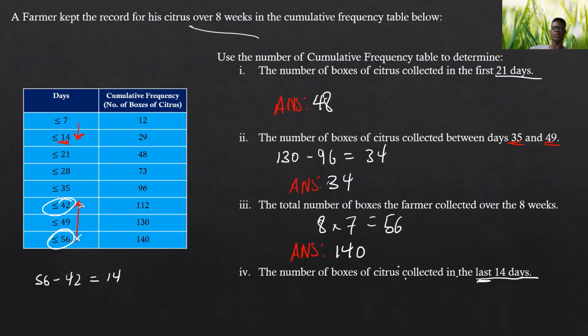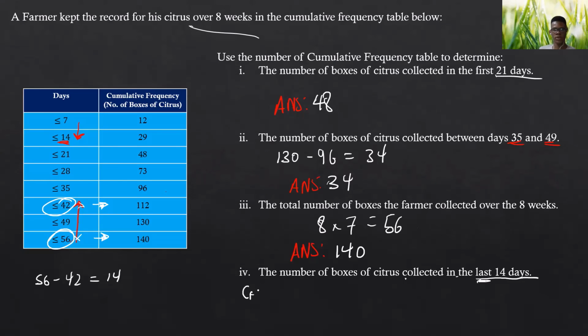Now, how many boxes did he collect in the last 14 days? Like I said before, usually just go to your cumulative frequency. This is 112, and your cumulative frequency for the last one, 56, is 140. Just subtract those two frequencies, and it will give us the last 14 days.